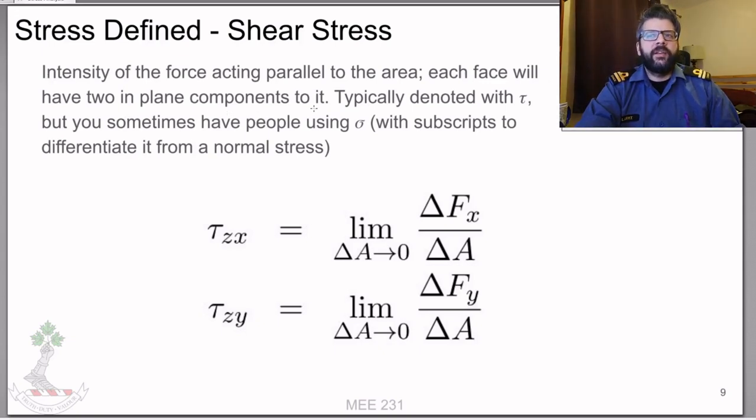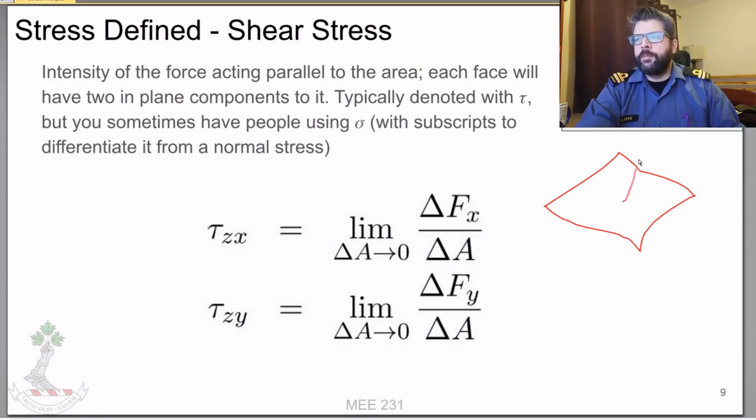Based upon that, it can have two in-plane components to it. If we have a plane here, we can only push away from it in one direction. There's only one vector that is perpendicular to this plane, but there's an infinite number of vectors that are parallel to this plane.